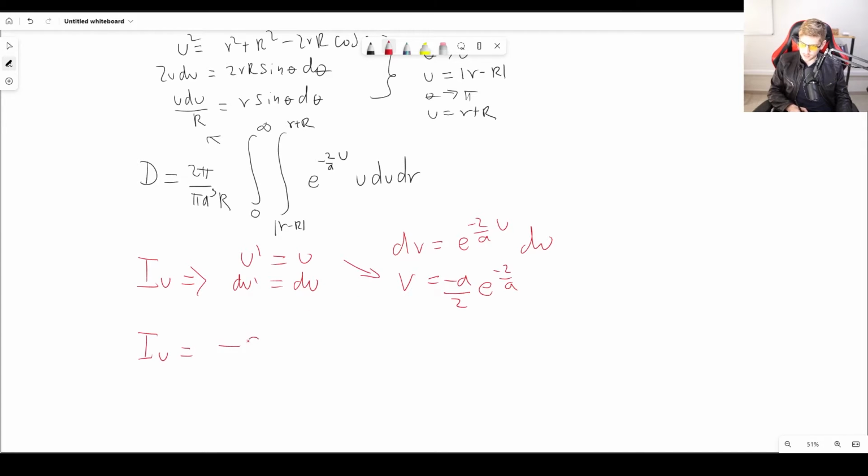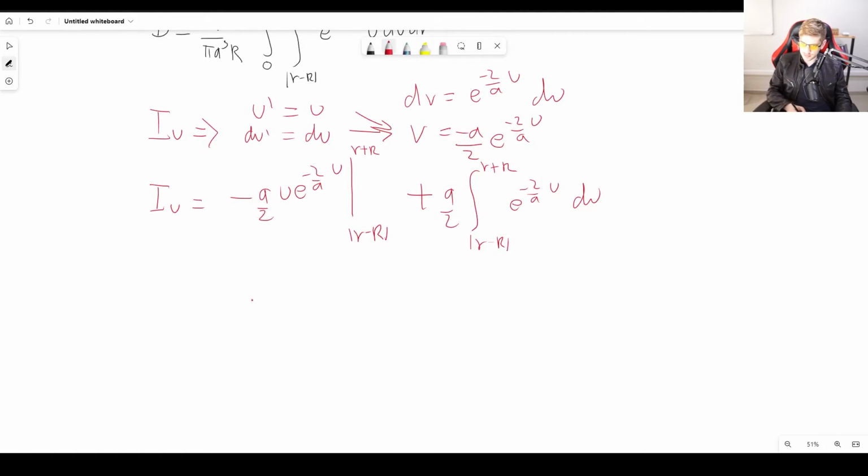So we get minus a over 2 u e to the minus 2 over a u, by the way, I forgot to write it, evaluated between r minus R and r plus R. And then we get minus this other product, which will be a plus now, a over 2 integral from r minus R to r plus R of e to the minus 2 over a u du.